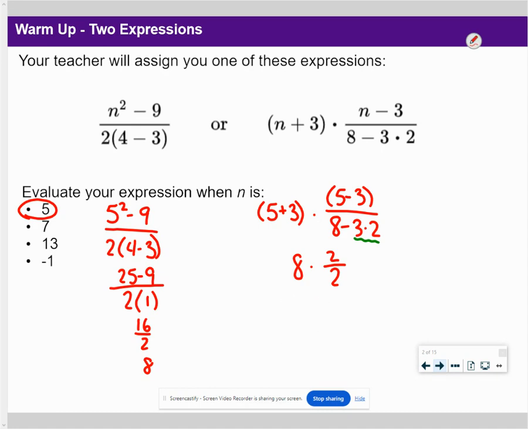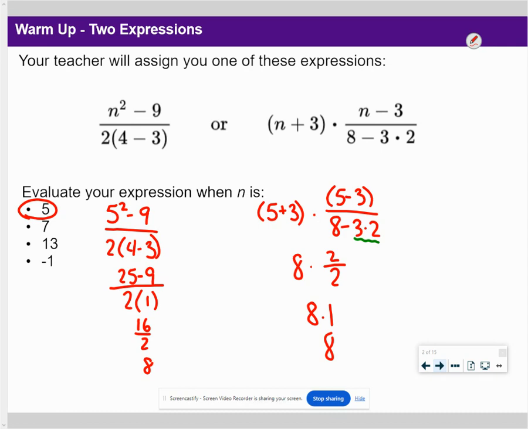I would have 8 times, I think we can do that division, 8 times 1, which is going to be 8. Right? We could have also multiplied 8 times 2 would be 16, and then divide by 2, we get 8. Either way, I get 8 on both of these.